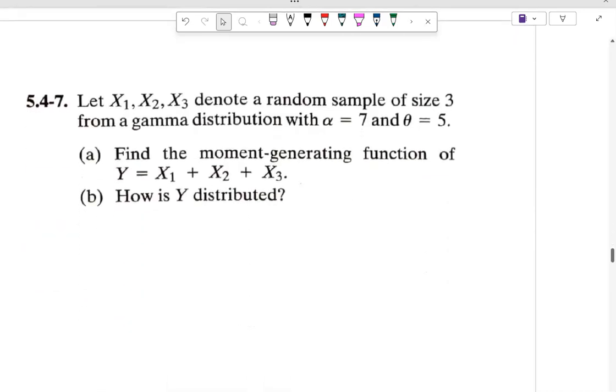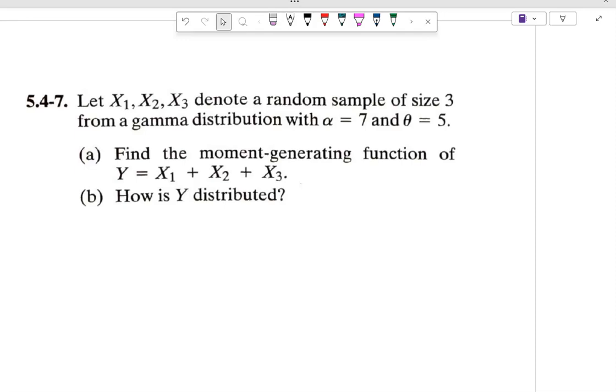This one basically is asking you, what is the distribution of a sum of independent and identically distributed gammas? Any guesses? Probably a gamma again, right?